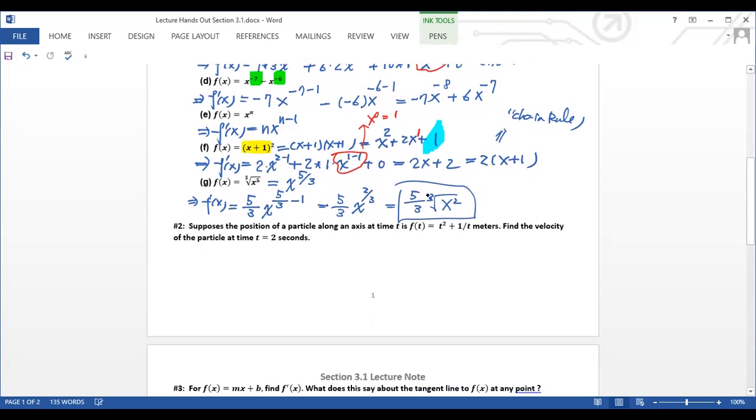Okay, so now the next things here, this is really just trying to test you to see if you remember the definitions here, right? So let's say there's a position function of a particle, this one here. I want to find the velocity function, right?